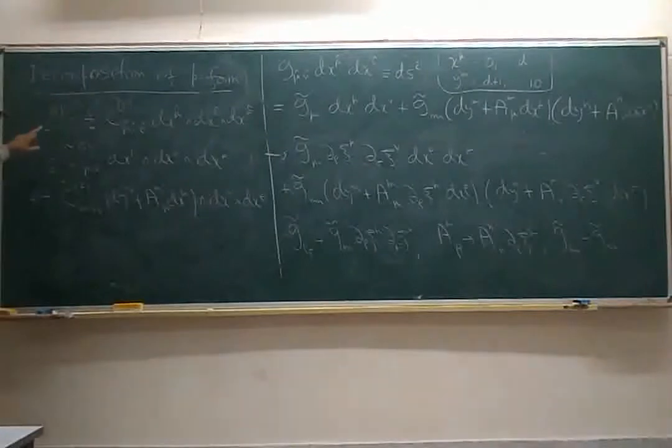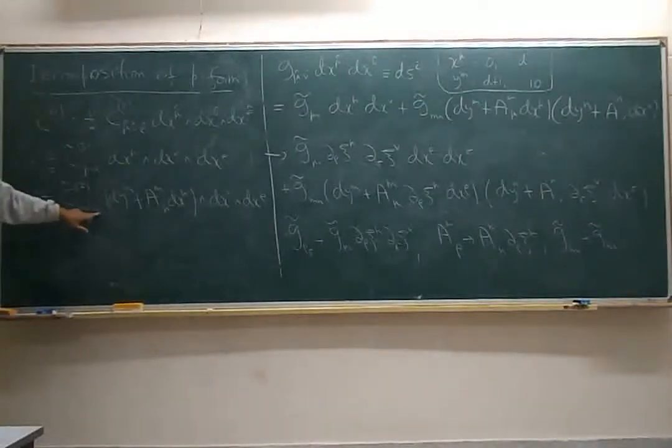Okay, it's still a component of C3, but I am calling it C tilde 2 because as far as the non-compact space-time is concerned, it may be like a 2 form. M is part of the compact direction.